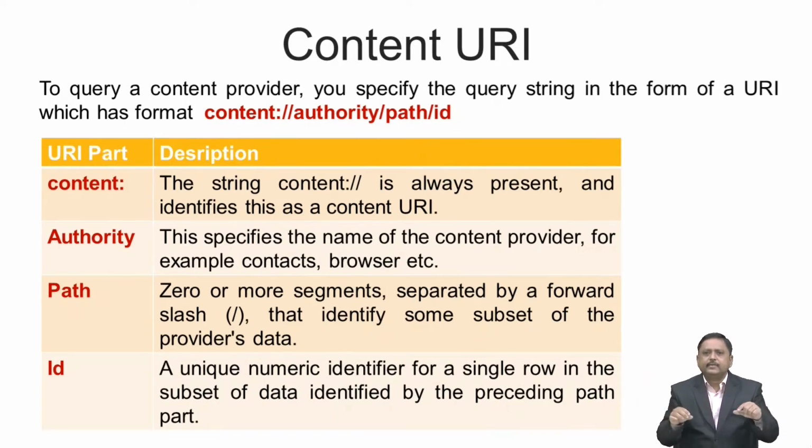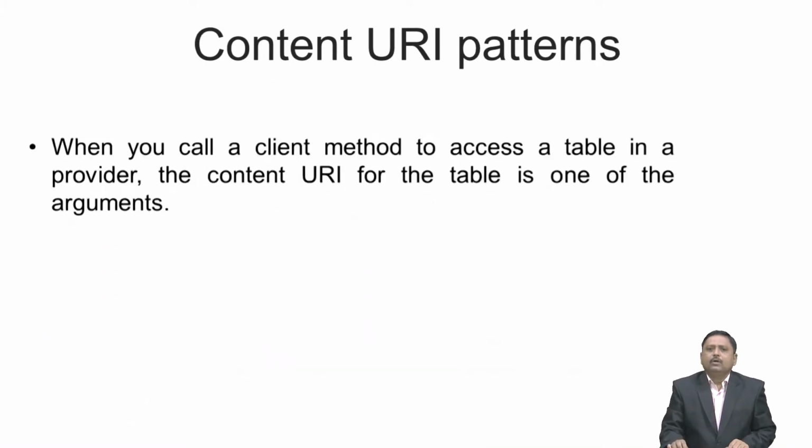Likewise, in case of a content provider, we can specify a path, and each row in these content provider tables is uniquely identified with the help of an ID. So ID is a numeric identifier for a single row in the subset of data identified by the preceding path part.